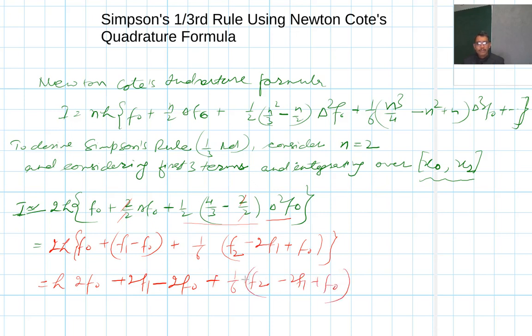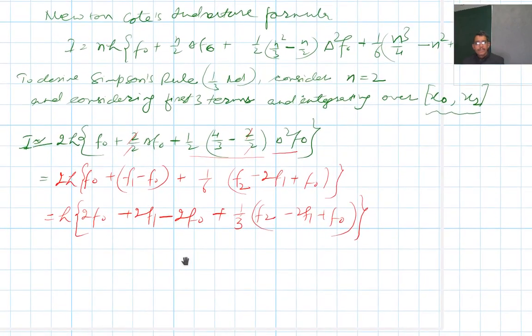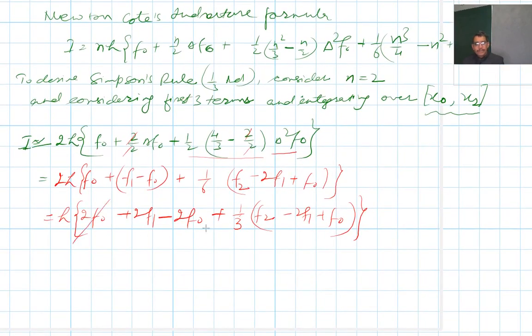When 2 gets multiplied here, so it is 2 by 3, so that means it can be 2 by 6, so it will become 1 by 3. Now this will cancel out with it, so it can be written as h by 3. It can be taken outside.